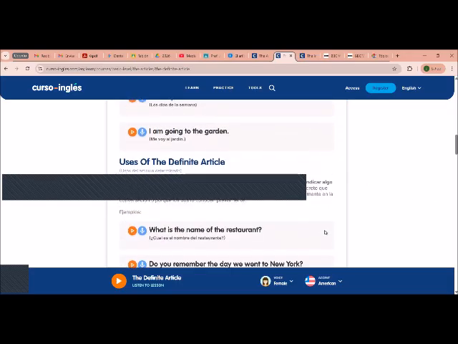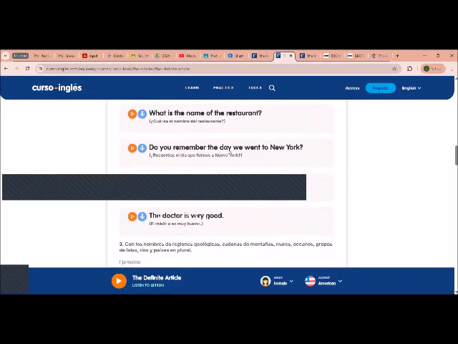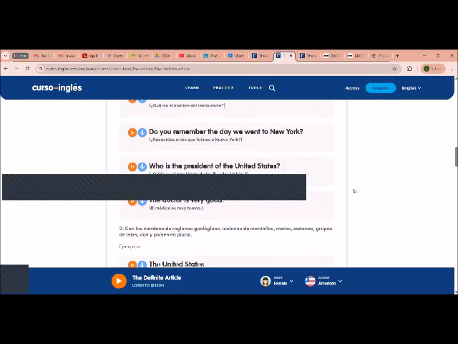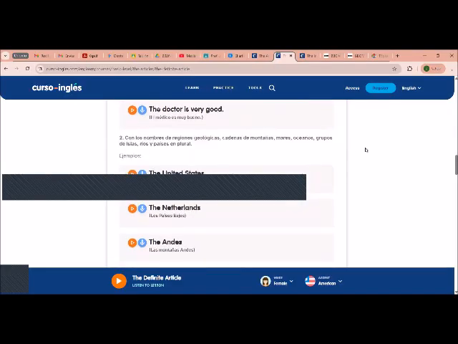All right. The main use is for when it's a specific thing, a specific person, or a specific place. For example, restaurants that you like, certain places.